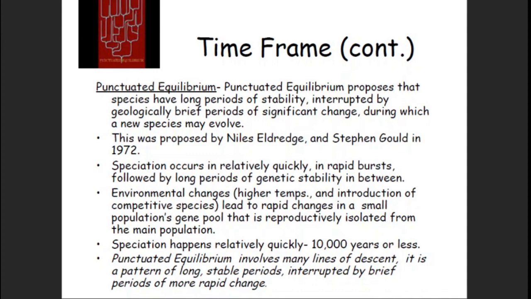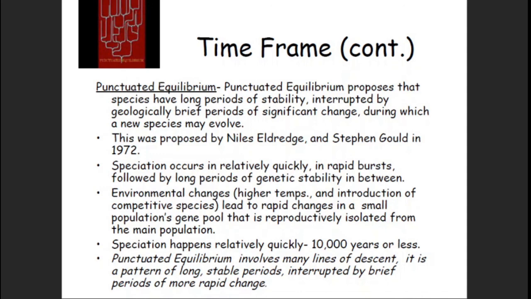Only for a small fraction of time are changes taking place, and whatever changes have taken place are maintained for a long period of time. Environmental changes like higher temperatures, lower temperatures, and the introduction of competitive species have led to rapid change in the gene pool of a small population that is reproductively isolated from the main population.